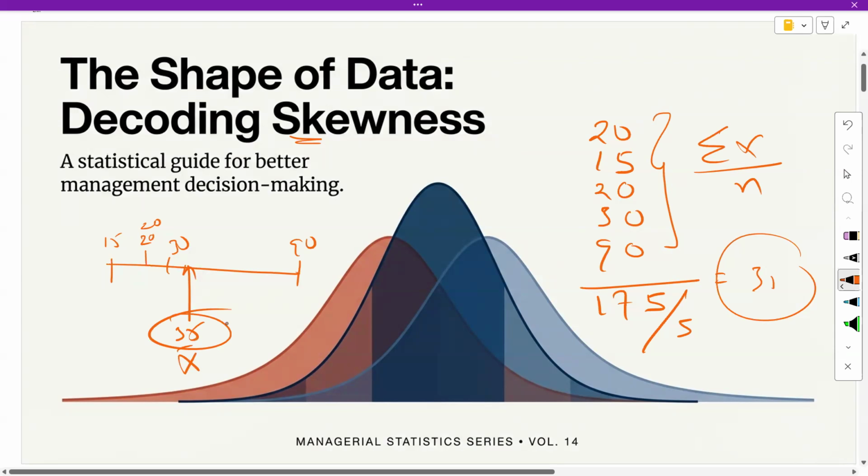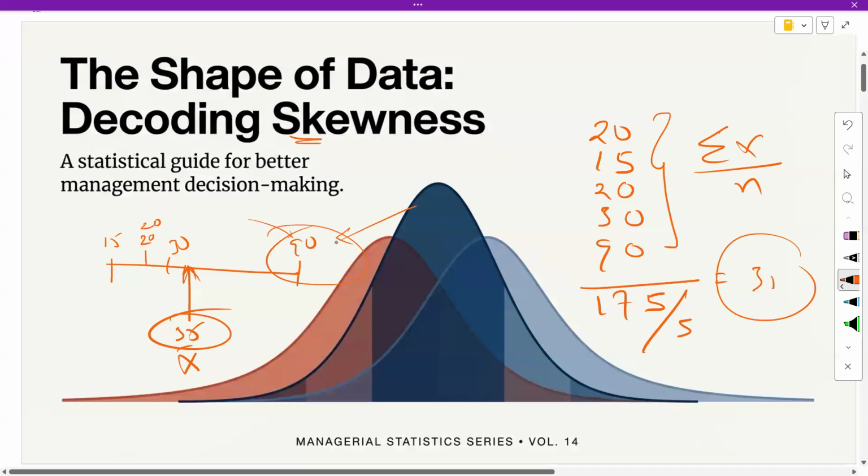Based on this calculation, if we say the average marks of the students is 35, it's not right. It misleads, because out of 5, 4 students' marks are below 35. Only because of this one observation, one student's marks, it's bringing the mean up here.